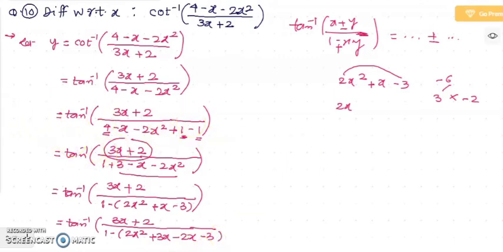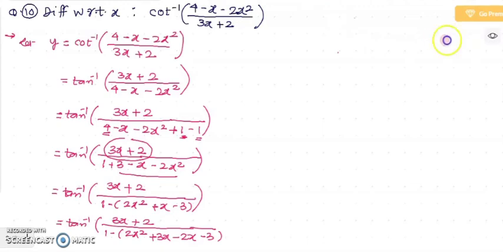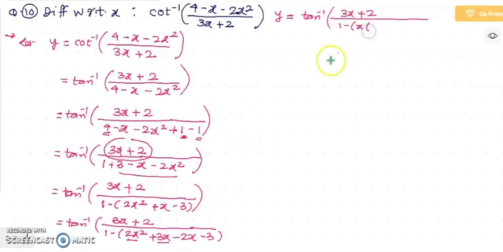Carry on this simplification and the factorization process, and you will find y is equal to tan inverse of 3x plus 2 upon 1, and then the factorization: minus, I can take these two terms together to have x common, and then you have 2x plus 3 inside.